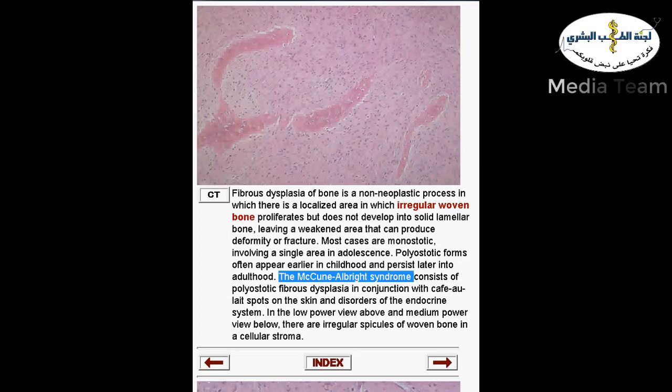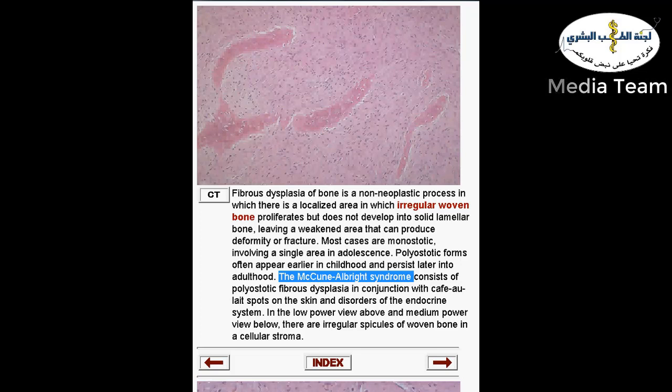The problem with fibrous dysplasia, it's a benign condition, not malignant, but especially in polyostotic conditions, it can cause bone weakness, fractures, deformities, and developmental abnormalities. Most of the time when it's solitary, it causes just localized weakness in one bone, and sometimes fracture in that bone.